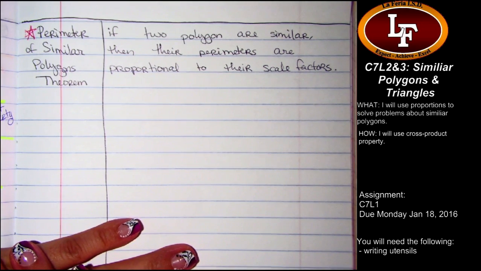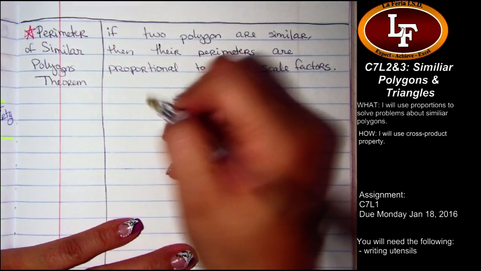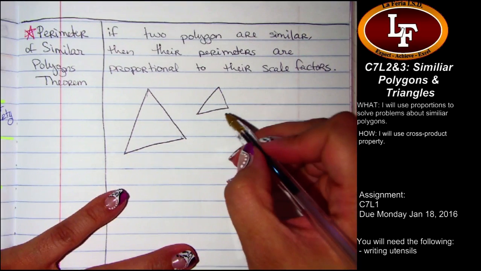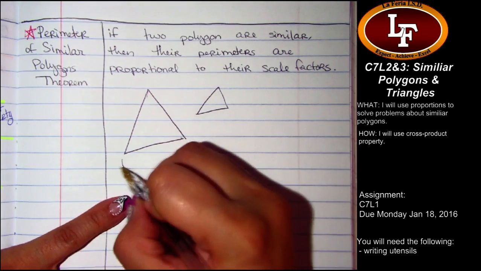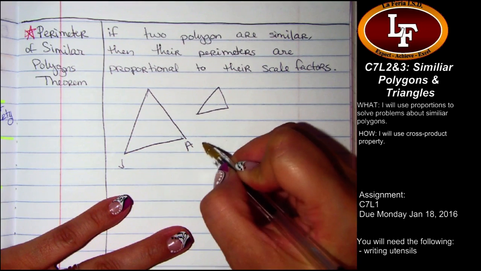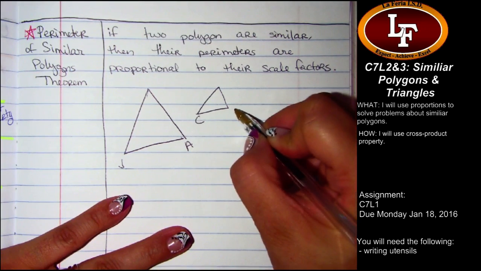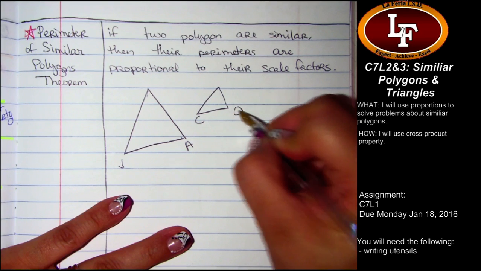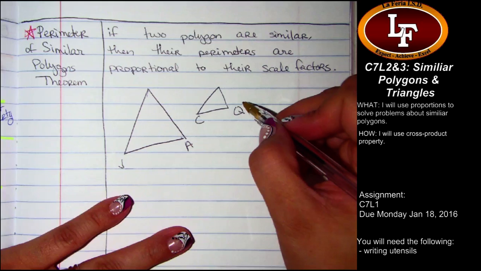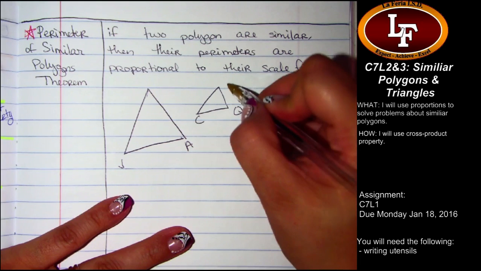Draw two triangles, one larger than the other, and then be prepared to give me 6 letters from 6 different people. All right, letters go. J. A. C. Q. P. You already said it.